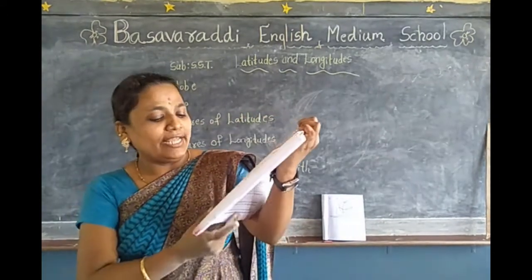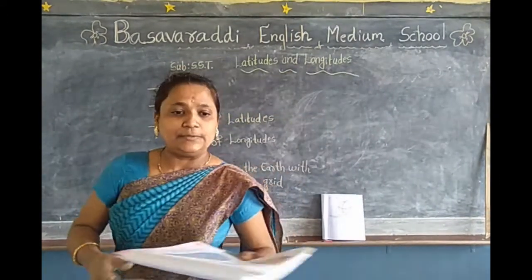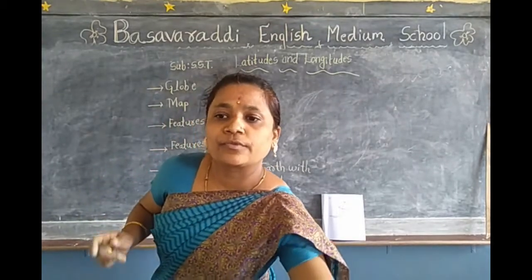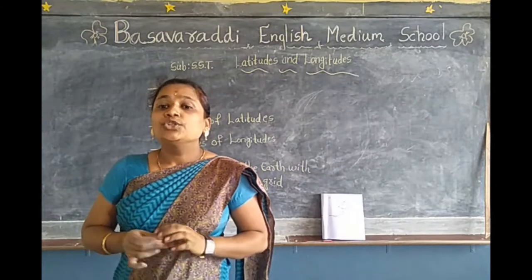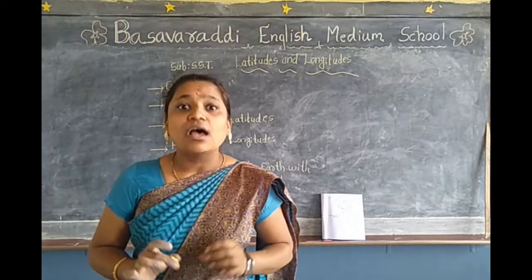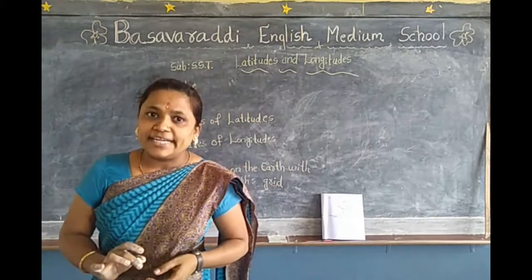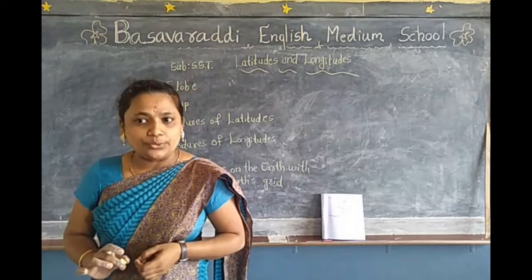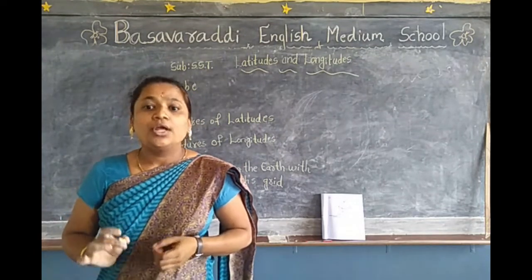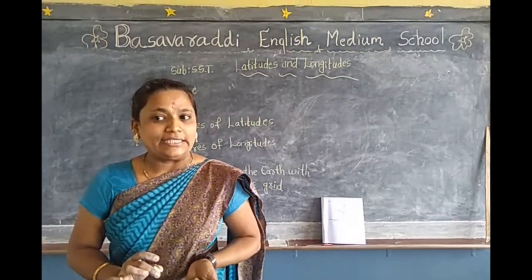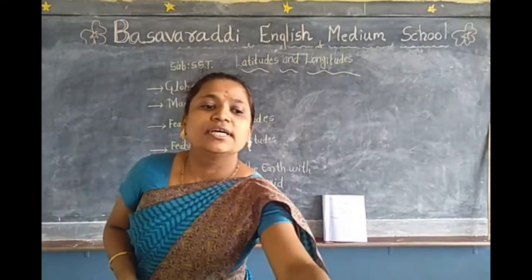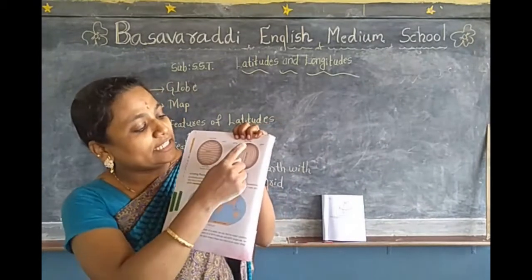There is a village in London known as Greenwich, through which runs a specific meridian of longitude known as the Greenwich Meridian or the prime meridian.